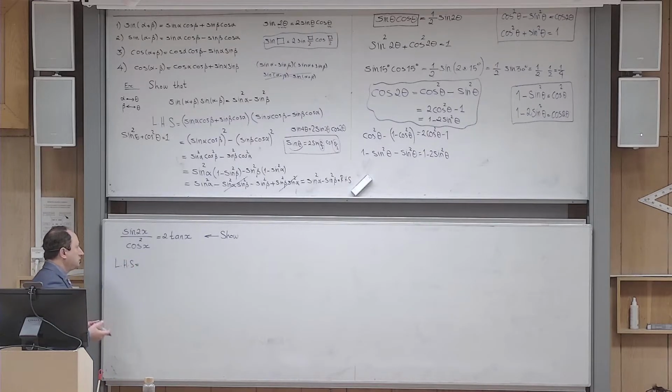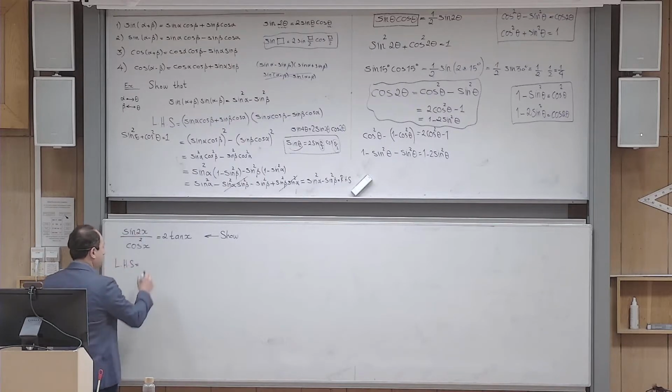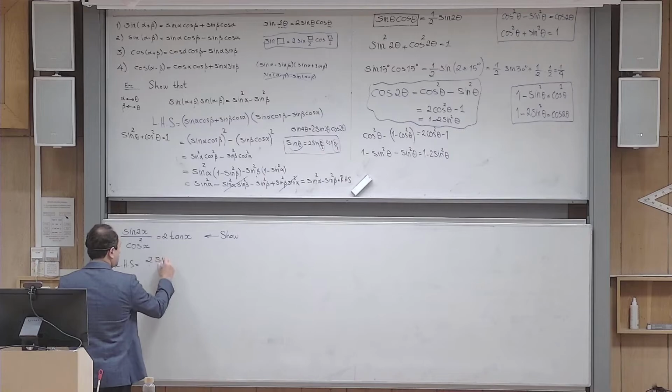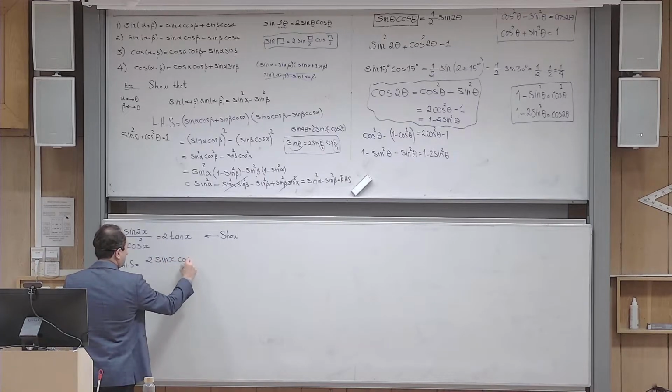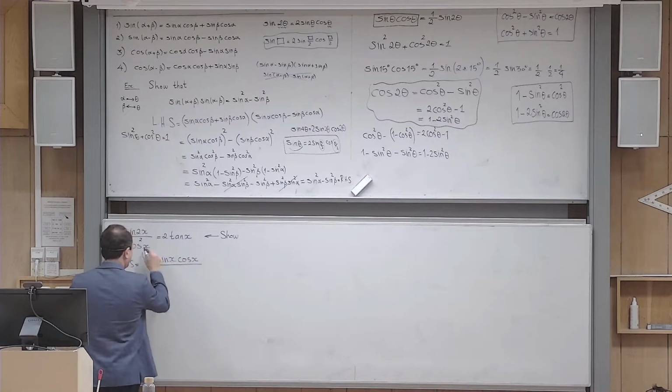Okay, so what is your suggestion? This is one of those examples, even though it's very simple, we couldn't solve before. Yes? Yeah, that is the double angle formula for sine. So sine of 2x is what? Is 2 times sine x cosine x. Okay, and then what happens?